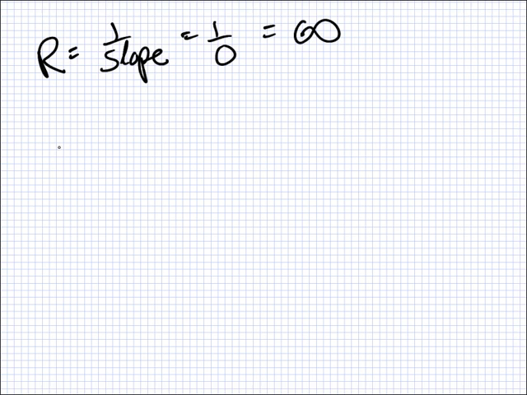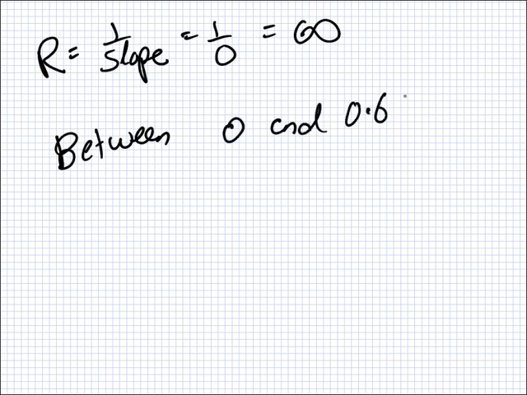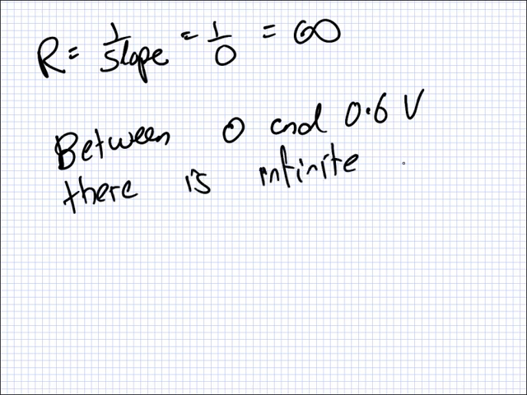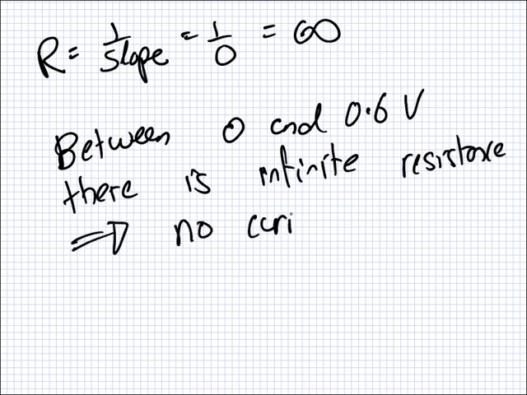So at the start, between 0 and 0.6 volts, there is infinite resistance. That means no current, because it's completely blocked.